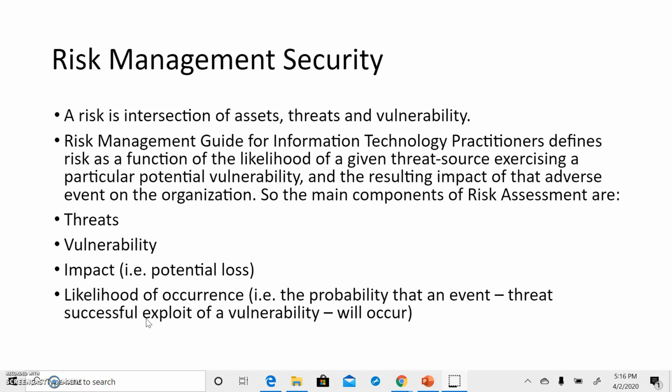So the next point is, what are threats? Threats are the constant danger for your assets. Just take an example. If you have a system, and in the system you have data, your personal information, images, videos, your intellectual data, your notes, or any kind of data, that is your asset.